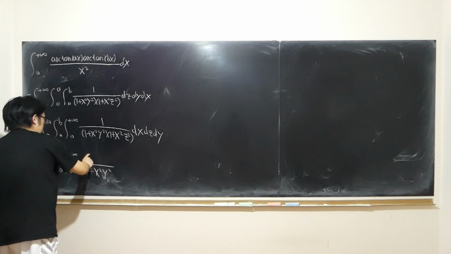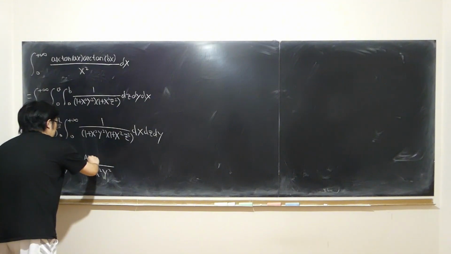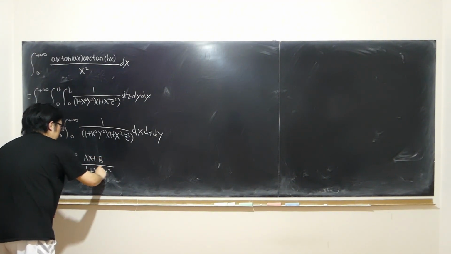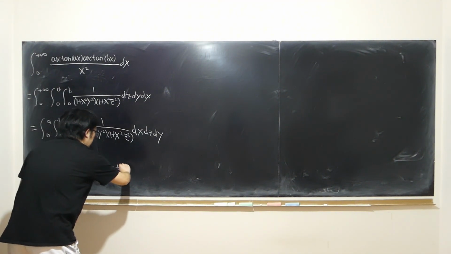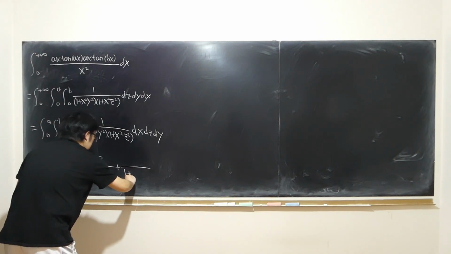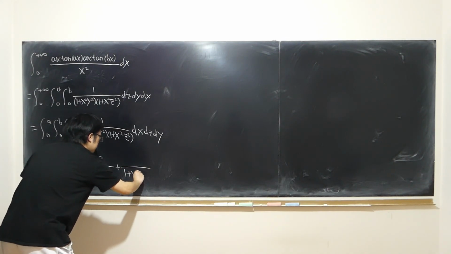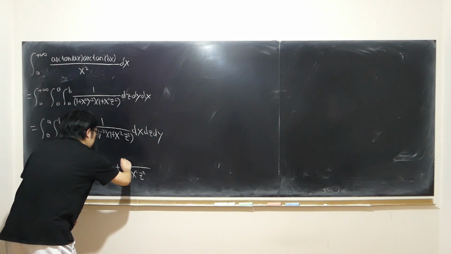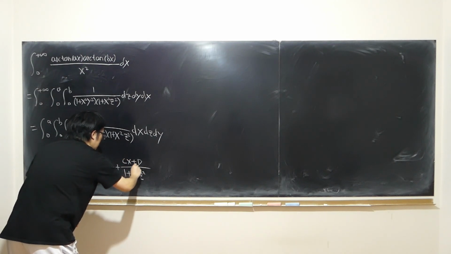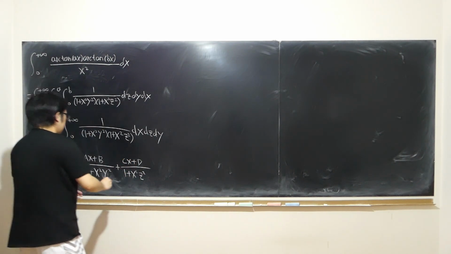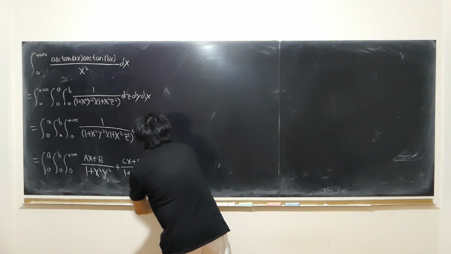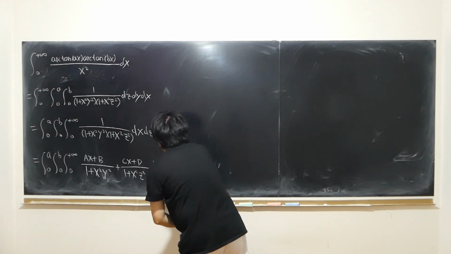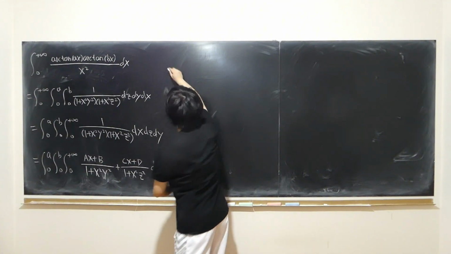The numerator, I can say a times x plus b. We're going to determine a and b. Another one is plus this denominator, then I can say c times x plus d. We're going to determine c and d. Then copy it down: dx, dz, dy.